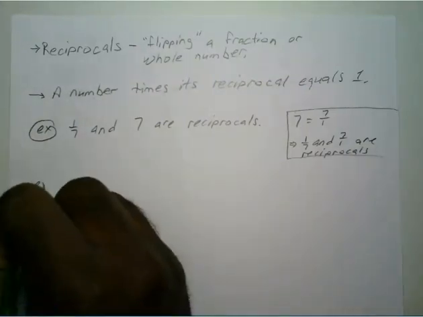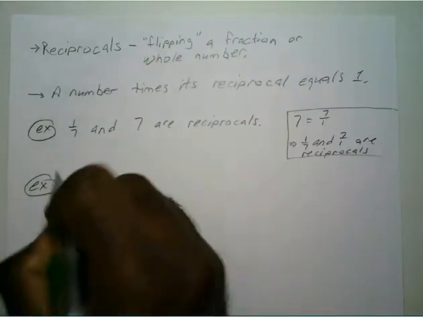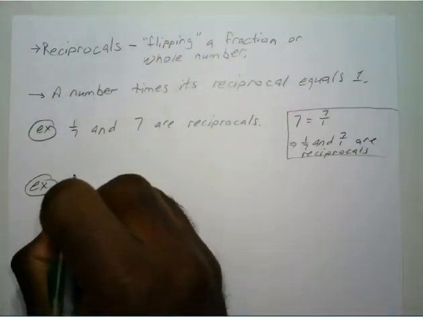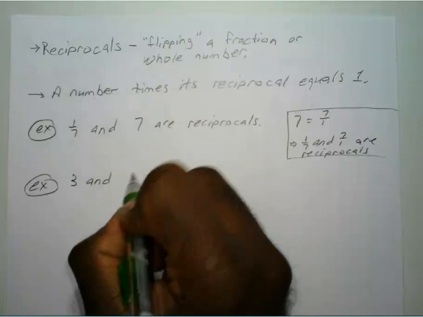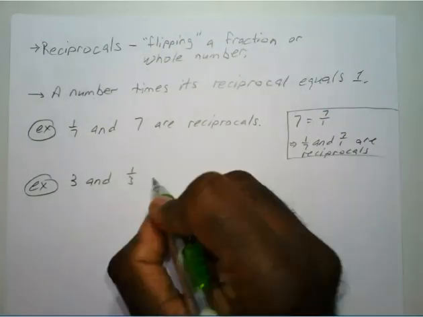Okay, so what if you have 3 and 1 over 3 are reciprocals?